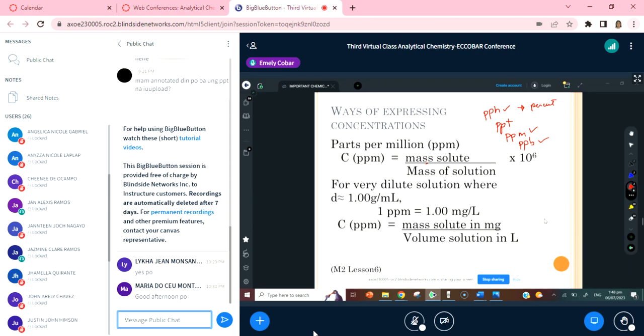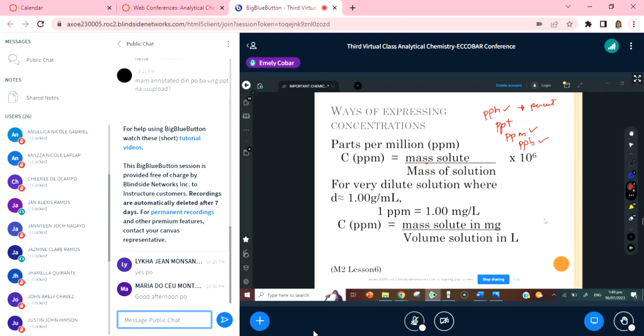Meaning to say, for this very dilute solution, 1 ppm is equivalent to 1 milligram per liter. Okay? So, the concentration in ppm here is simply the mass of solute in milligram divided by the volume of solution in liter. You need not multiply this by 10 to the 6. Yun lang ang ibig sabihin.